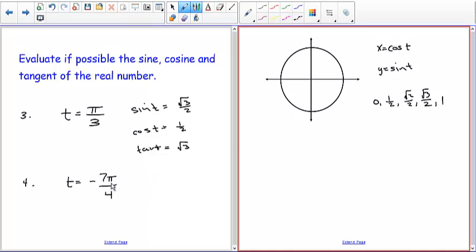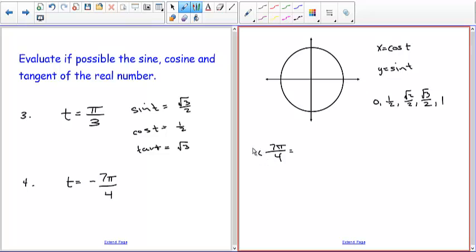So remember, we found 7 pi over 4, and then we're going to reflect it over the x-axis. So this is going to be one of these quarter points because it's divided by 4. So it's either going to be here, here, here, or here. We have to figure out where it is relative to these coordinate axes.